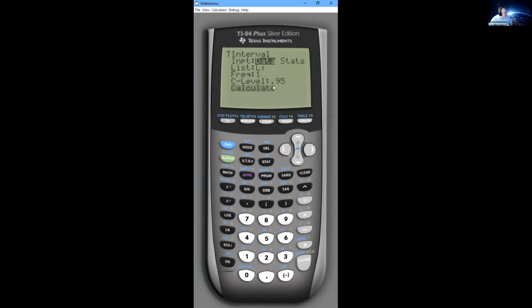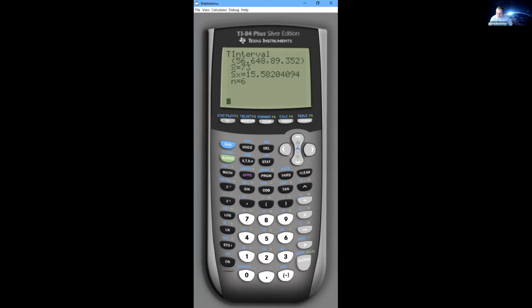So when you're doing data, won't you probably leave everything alone and just change the confidence level? Because it's always going to be L1, right? And that's always going to be 1, and 95's the only change. And now when I hit calculate, I get everything. I get that the mean was 73, which is cool. And I got, I'm going to round this off, 56.6 to 89.4.